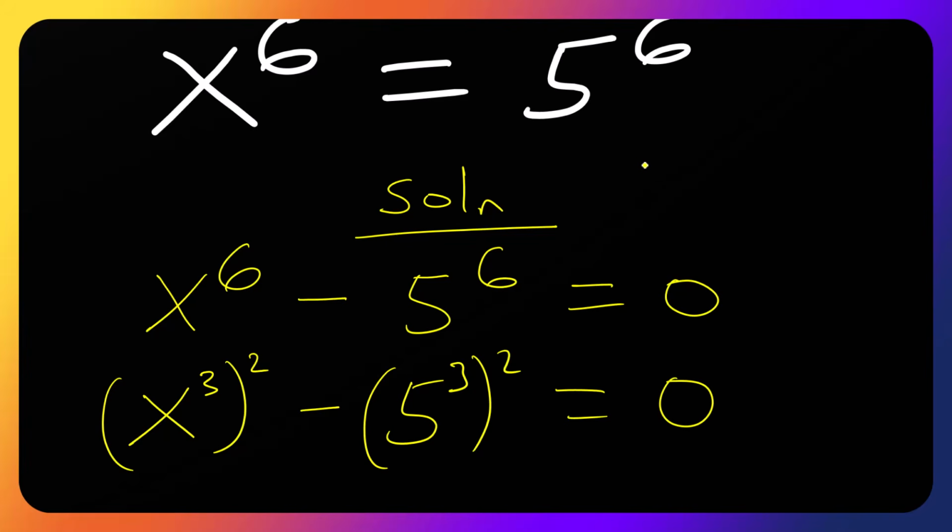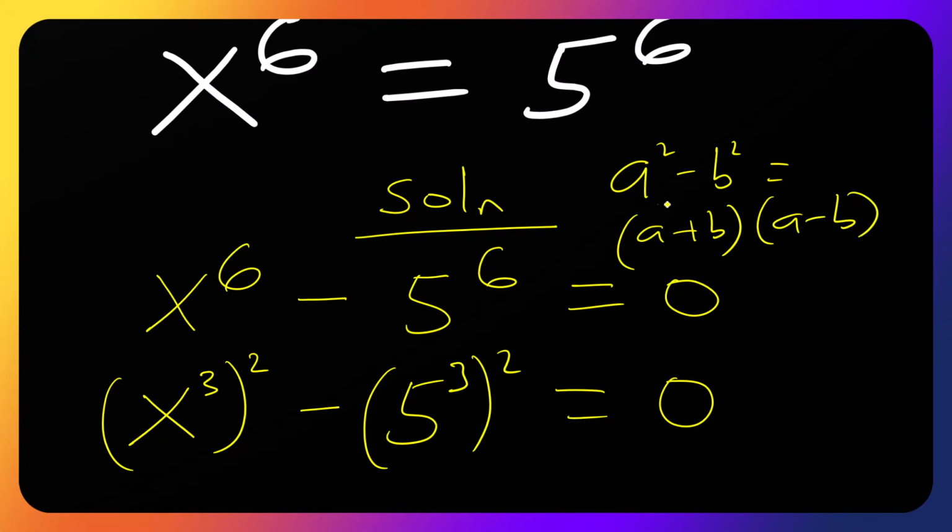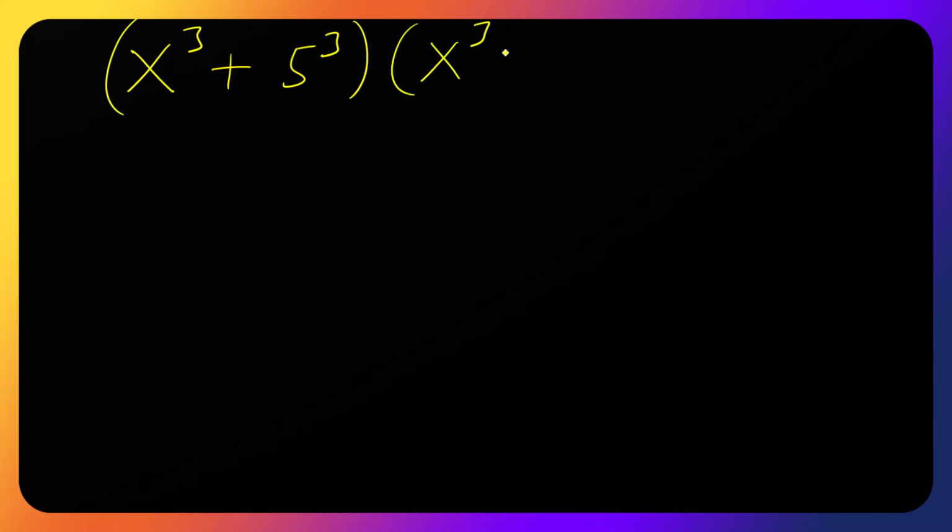So this is a difference of two squares. When we have a squared minus b squared, it is the same as a plus b times a minus b. So this one is a and this one is b. So we have x cubed plus 5 to the power 3, then x cubed minus 5 to the power 3, equals 0.